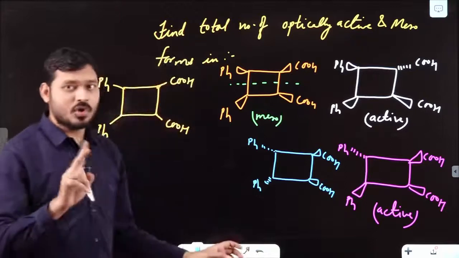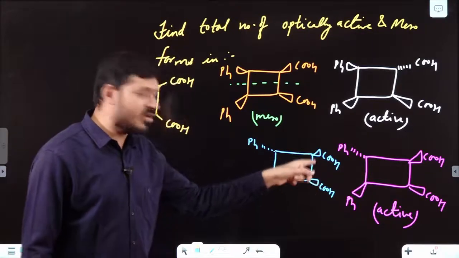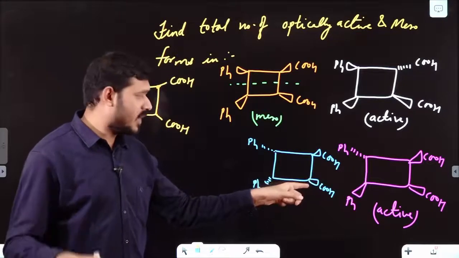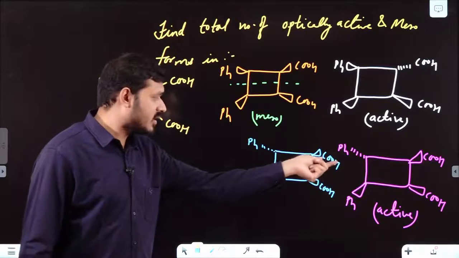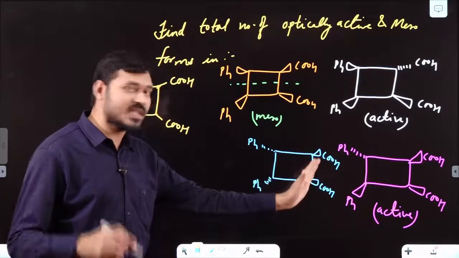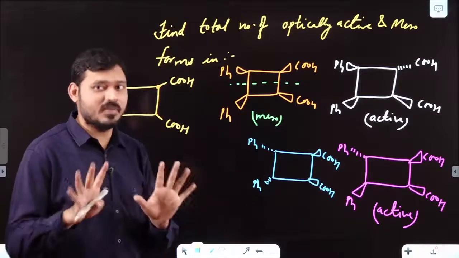Okay, two groups on the same side. What you can make is either make both COOH on the same side, or you can make both pH on the same side, or you can make this. See, when you make this COOH on the same side, by default both pH on the same side by default.